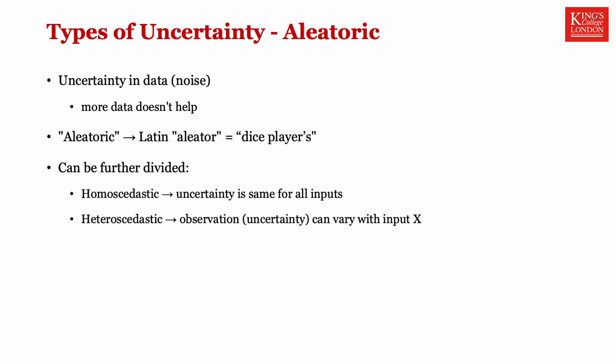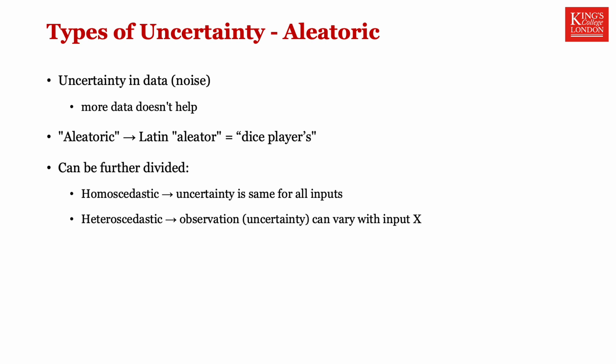And as I was saying before, homoscedasticity is when uncertainty is the same for all inputs, while in heteroscedasticity, each observation or each input can have a different value of uncertainty. Note that input here can mean a pixel of an image, but it can also mean that different subjects have different amounts of uncertainty.